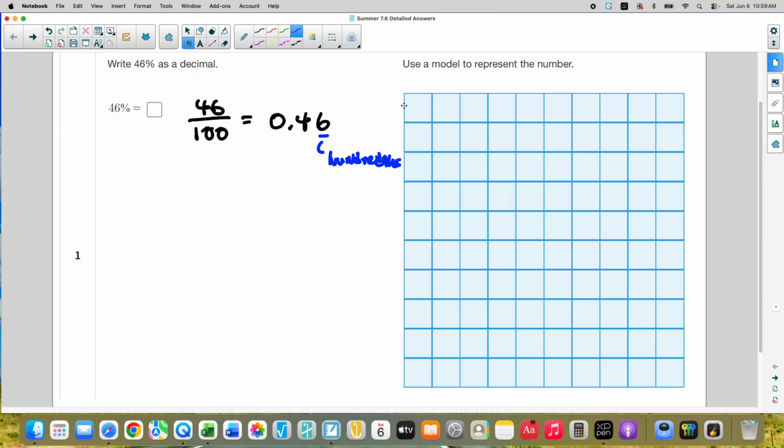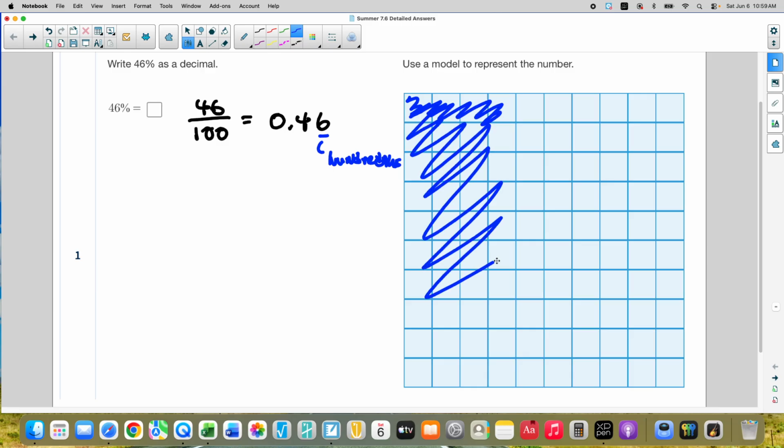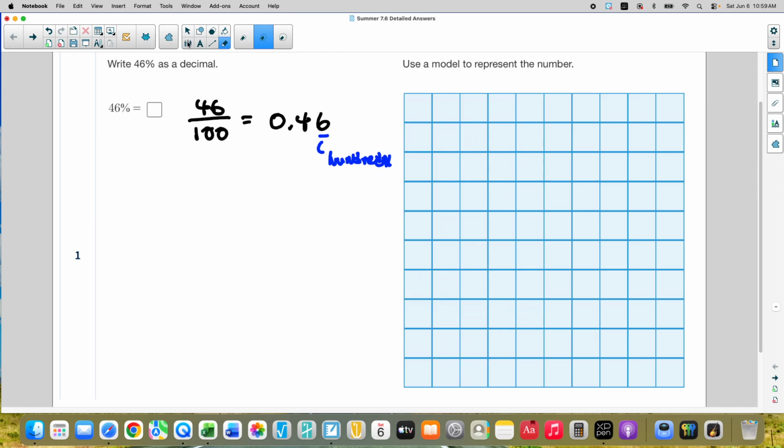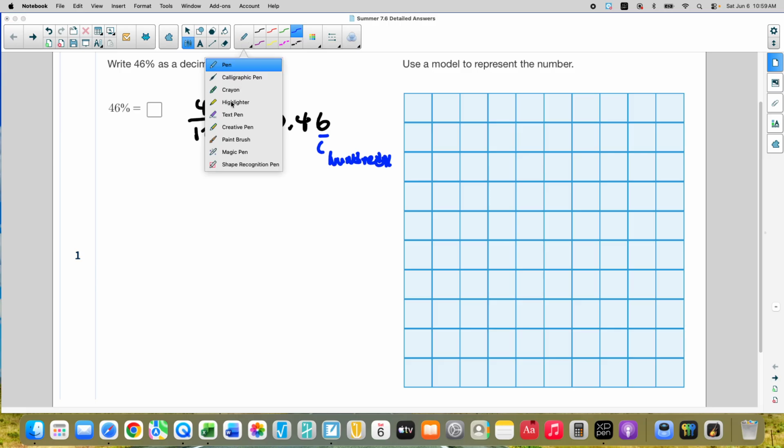And then this will be 40 of them. So we would shade all down in here. That would be 40 boxes. Now, that's kind of messy, so let's do a highlighter.